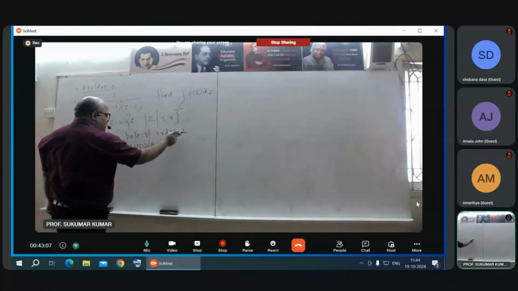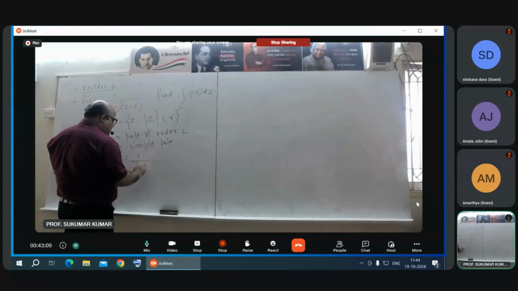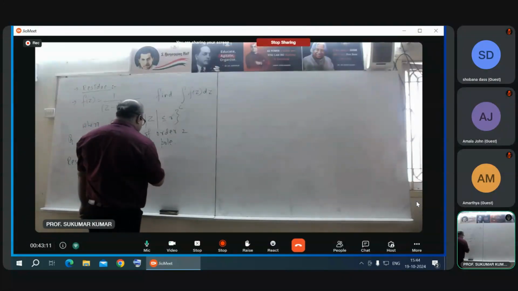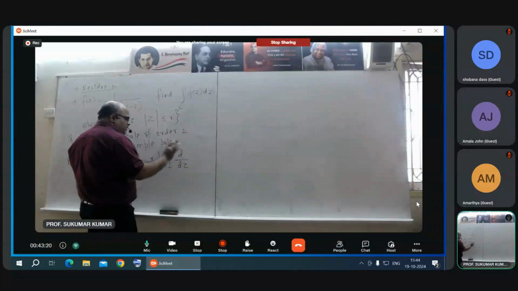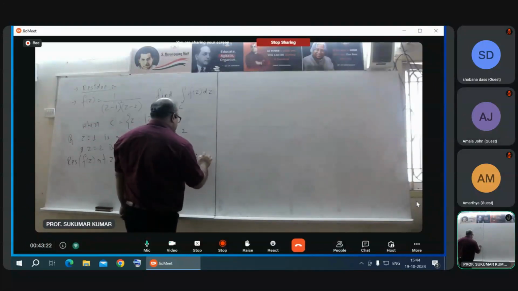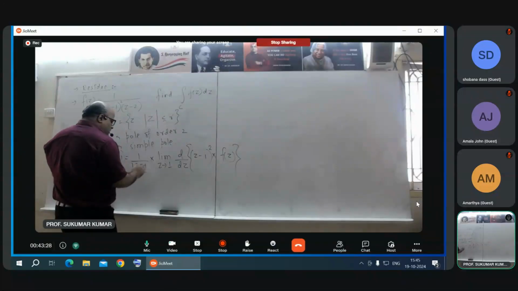Order 2 means 1 by (2 minus 1)!. We will go by formula: 1 by (2 minus 1)!, limit z tends to 1, the (n minus 1)th derivative. Here order 2 means the first derivative only, of (z minus 1) whole square into f(z). This is the formula, the normal one.